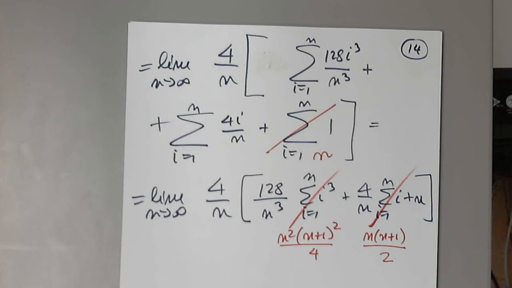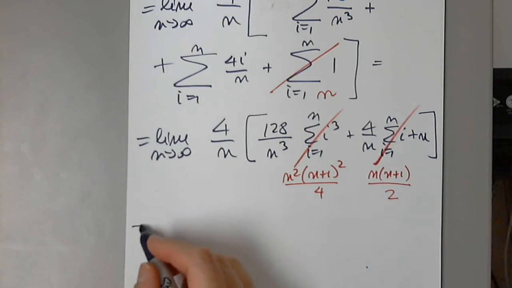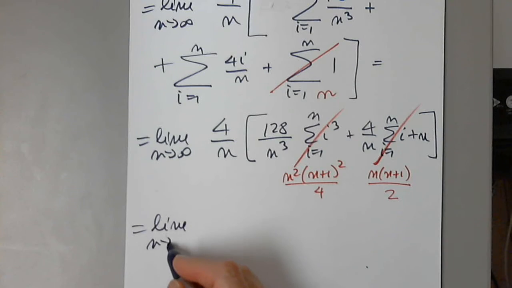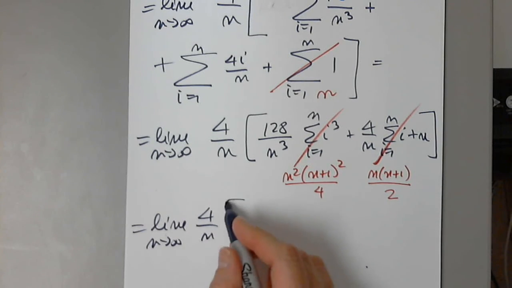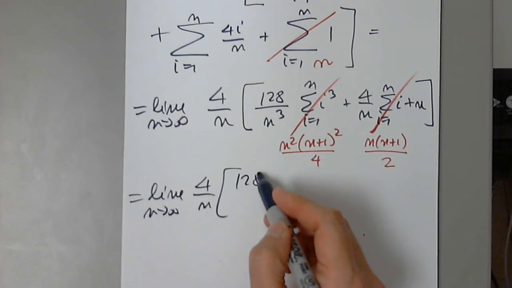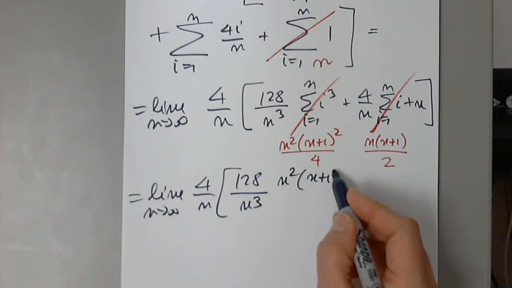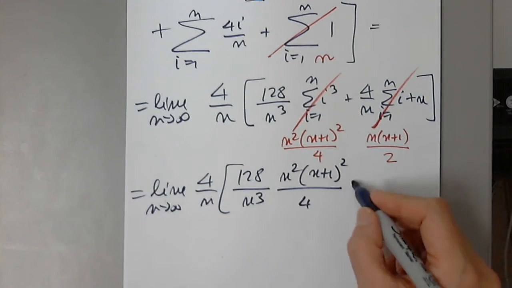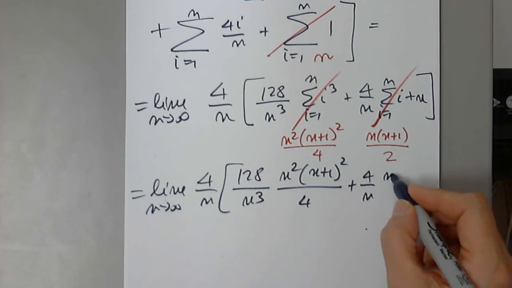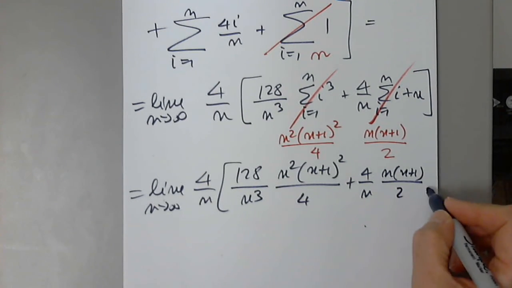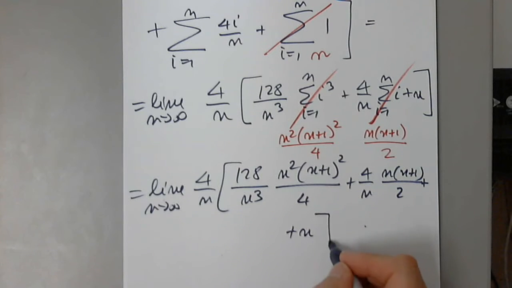So, limit as n approaches infinity 4 over n, 128 over n cubed, n squared, n plus 1 squared over 4, plus 4 over n, n plus 1 over 2, plus n.